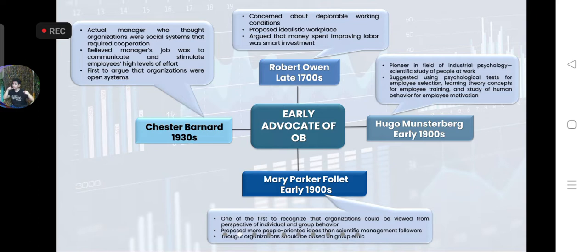So Follett and Chester Barnard believed that people were the most important assets of an organization and they should be managed properly. So their ideas provided the foundation of such management practices as employee selection procedures, motivation programs, and work teams. So this chart summarizes each individual's most important ideas. So next slide, please.